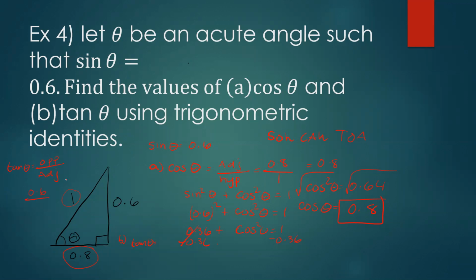This is my opposite side. And then can you tell me my adjacent side, which is 0.8? So tan of theta is, if you put 0.6 over 0.8, you get exactly 0.75. So tan of theta is 0.75. So that's how you do example 4.